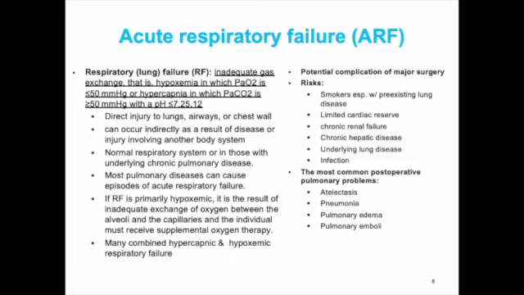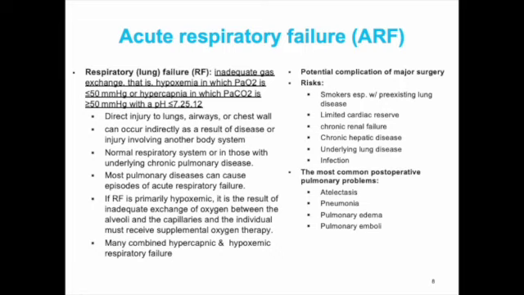RF, or respiratory failure, has the potential to complicate other situations like surgery, especially if it involves the central nervous system, the thorax, the upper GI or abdominal system. Persons that smoke are more at risk, particularly if they have an underlying pre-existing lung disorder or disease.